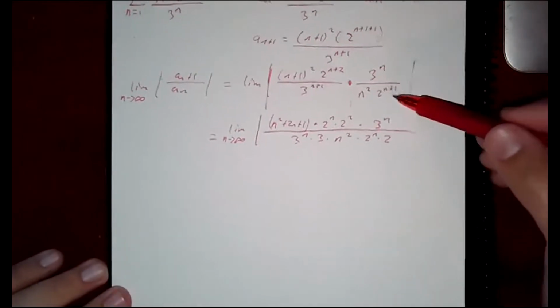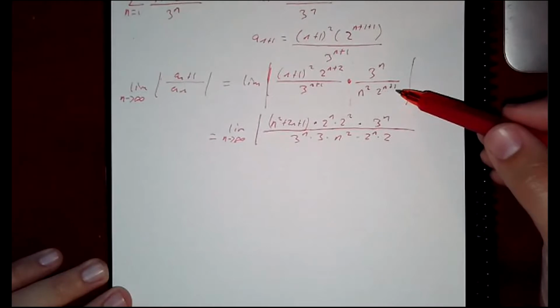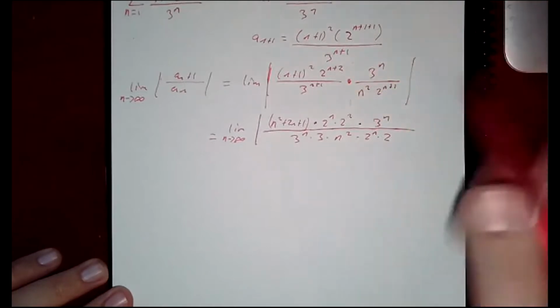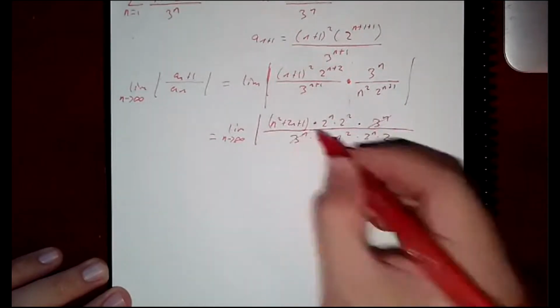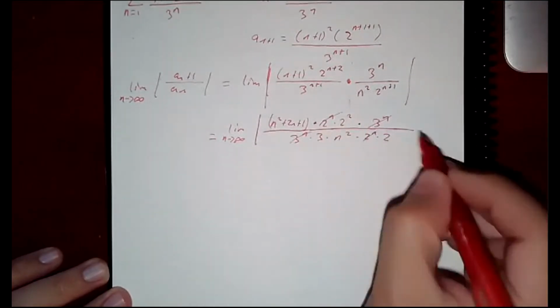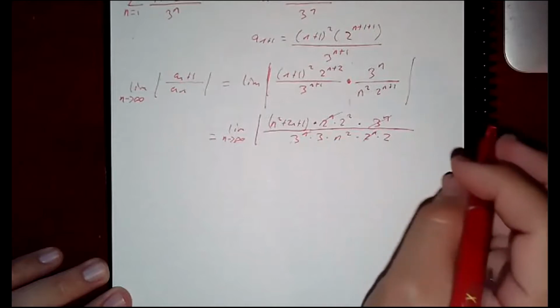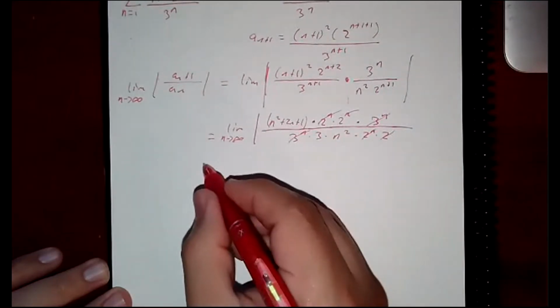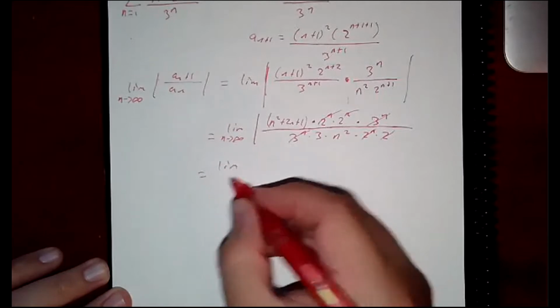I broke down this piece here, and I broke down the 2^(n+2) and the 3^(n+1). So now let's cancel stuff. So these are gone. Those are gone. One of these 2's is gone. So we're left with the limit.